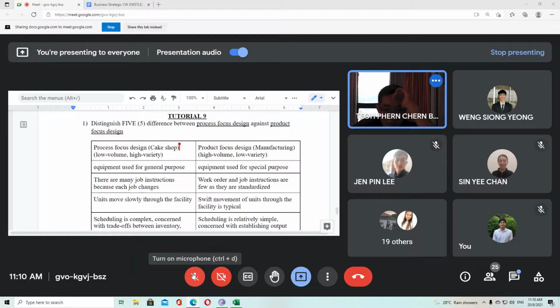And the baker needs to be skillful. The jobs always change because people have new designs that they want to order. Scheduling is complex because some cakes take longer time. And then compared to product focus manufacturing, the scheduling is very simple.